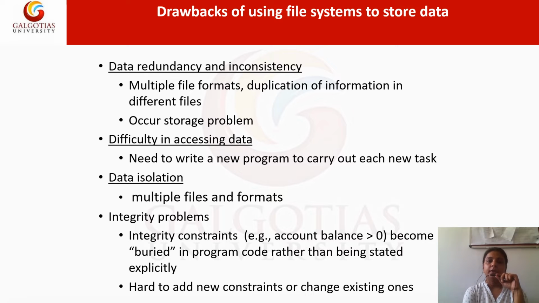Before the DBMS approach, we were having file systems. A file system is nothing but a system in which the data is stored in the form of files. That can be a manual file system or an electronic file system, right? When we were using those file systems, some issues or drawbacks were there.